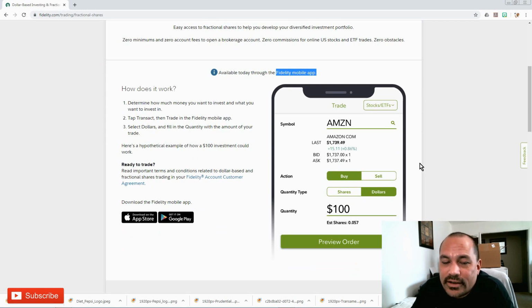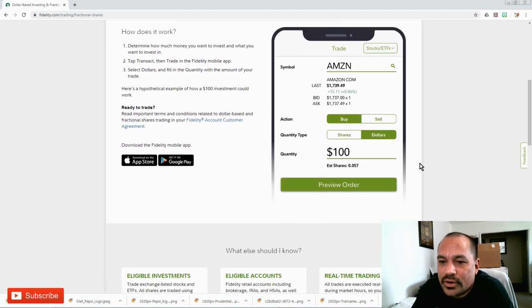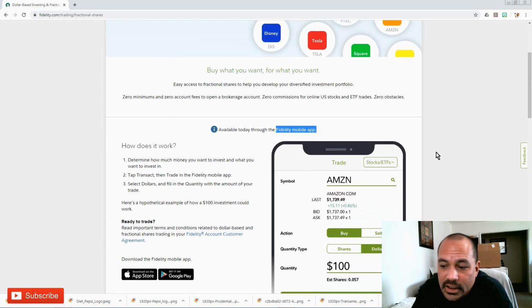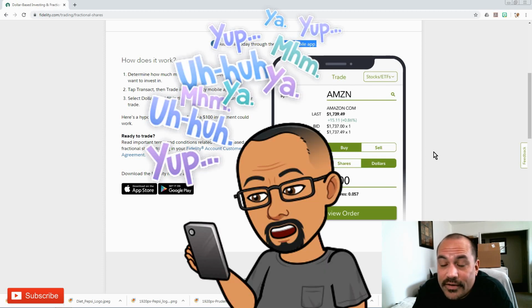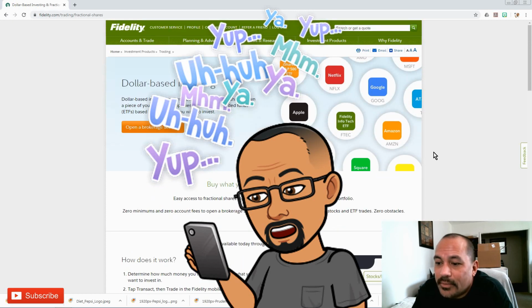I'd rather trade on a desktop, but obviously we're more tethered to our phones nowadays, and I think that's going to help them gain more customers for sure. Like today, I bought $25 worth of Pfizer, and I had to do it on my phone because I can't do it online on my desktop.